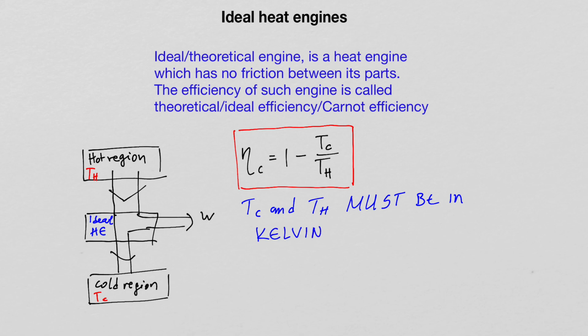If you keep those in Celsius, you are not going to get the correct value of the theoretical efficiency. Just as a reminder, the conversion between Celsius and Kelvin is done with the following relationship: the temperature in Kelvin is equal to the temperature in Celsius plus 273.